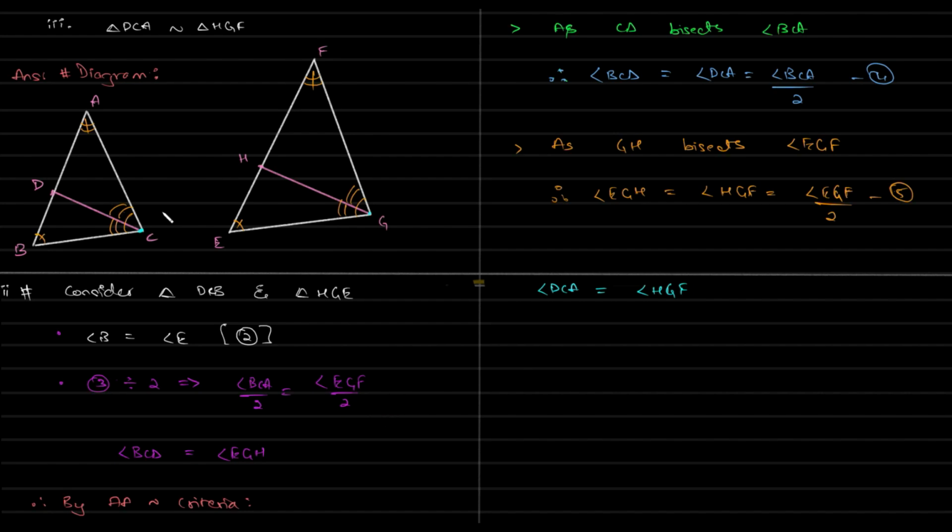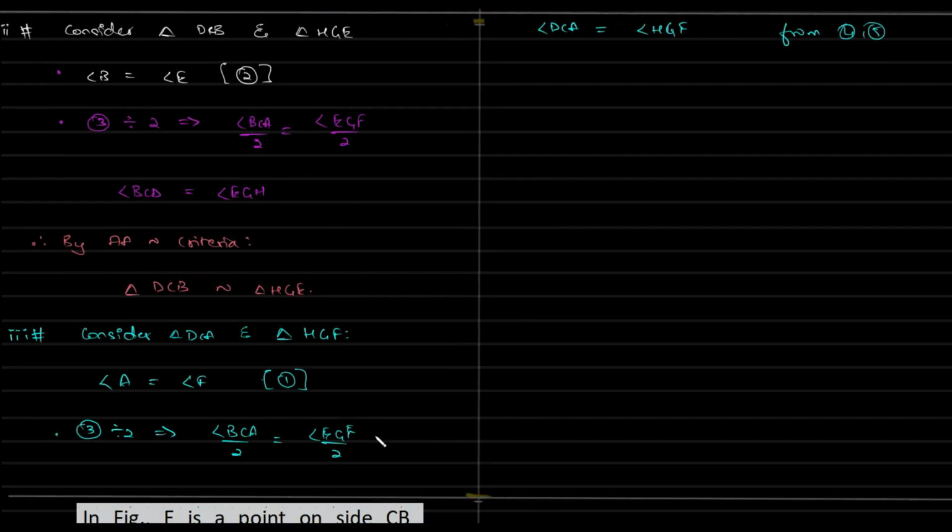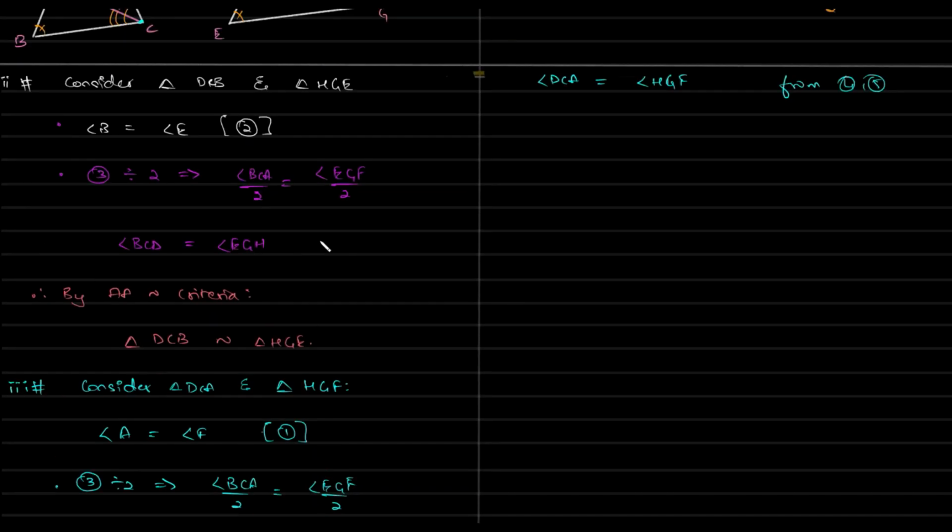So basically, these two triangles are equal. This is from 5 basically, but we already written the reasons, so we can just continue. You can tell from 4 and 5. Okay, here too we can tell from 4 comma 5.